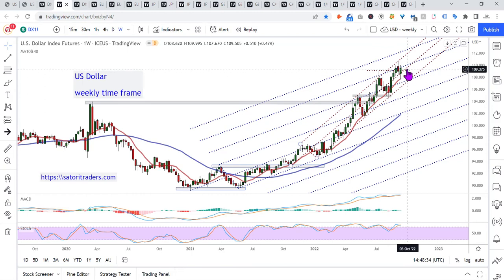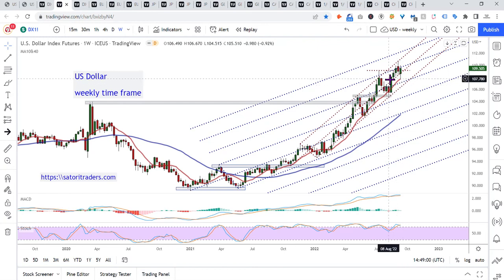And then we've got a potential support level along the median line of this Andrews pitchfork. And then, of course, resistance, the second median line extension of this blue Andrews pitchfork. So the dollar is playing with multiple levels of support and resistance.